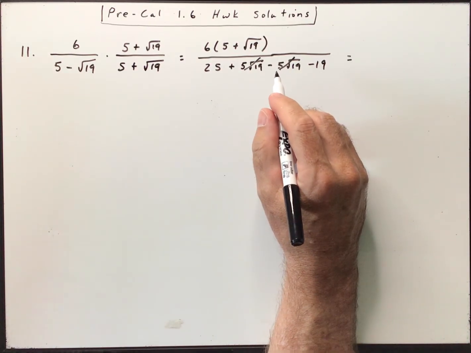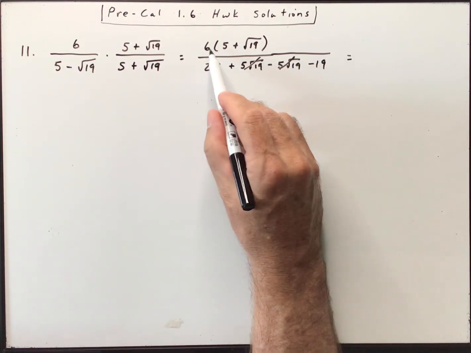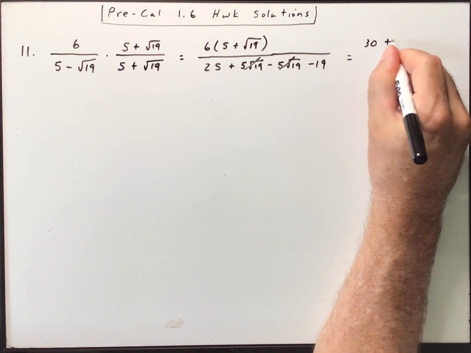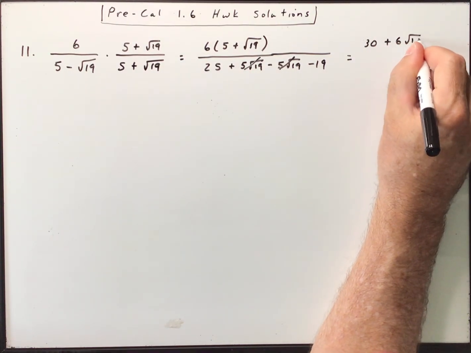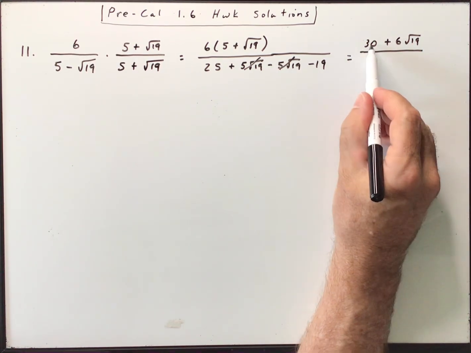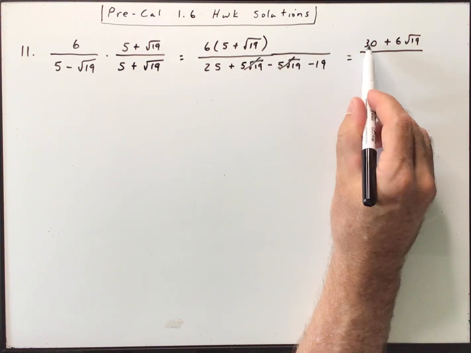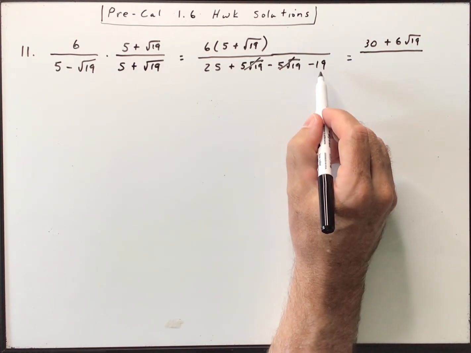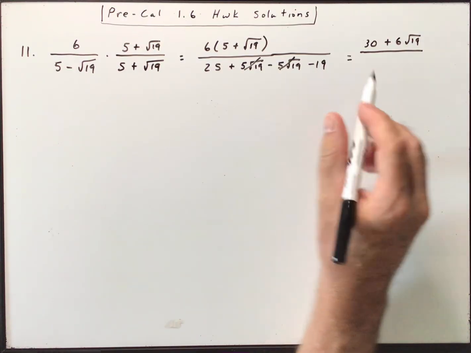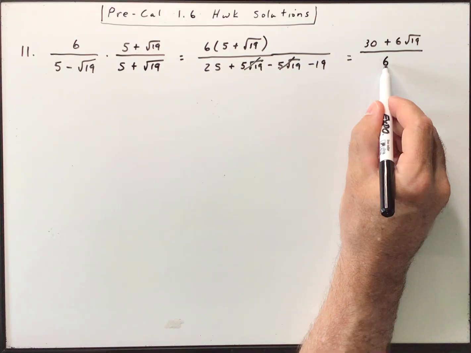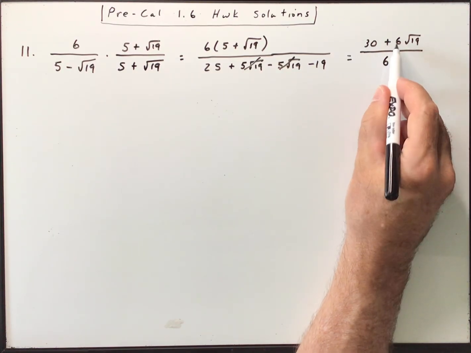And I'm going to go ahead and multiply this out. 6 times 5 is 30, plus 6 times the square root of 19, because sometimes what's in the denominator will divide evenly into these numbers. So 25 minus 19 is 6. And so you can divide 6 into the 30 and 6 into the 6.